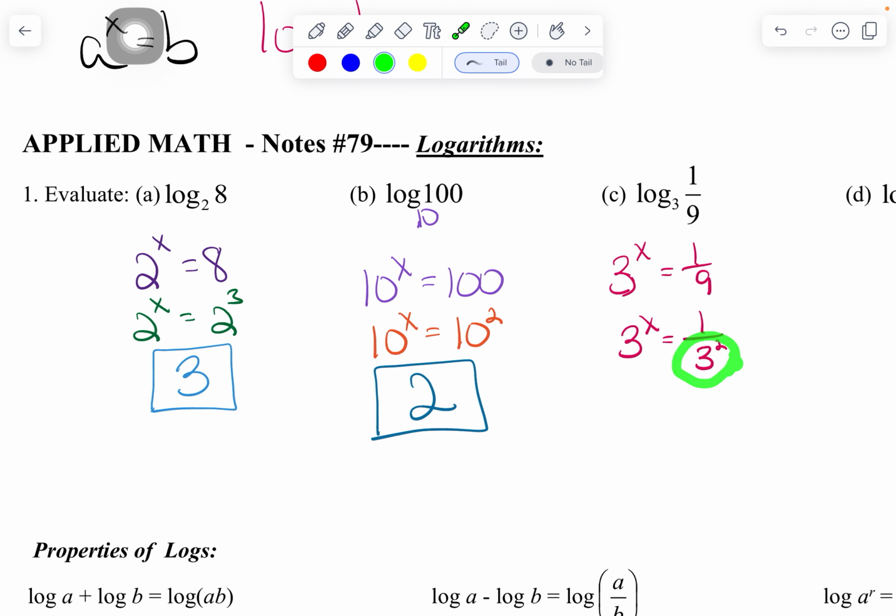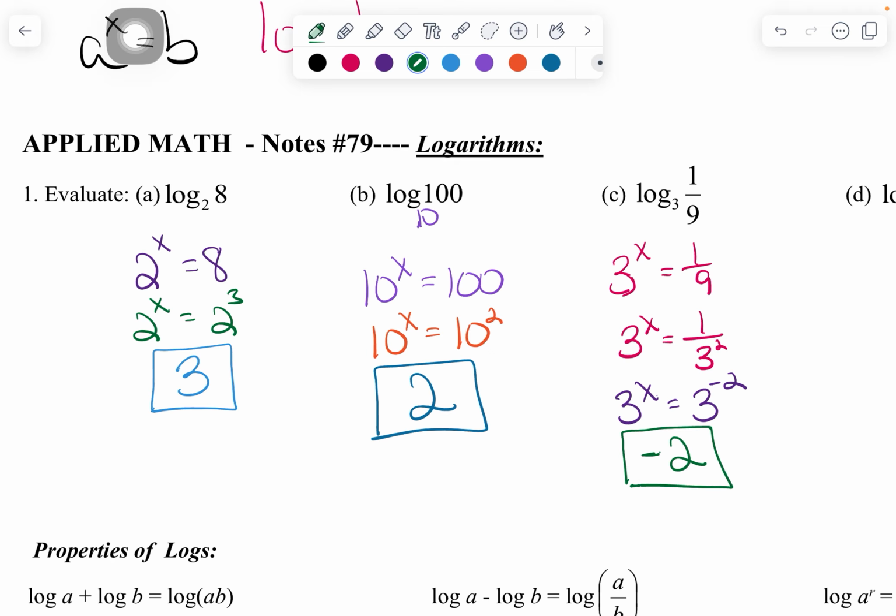So how do I break this 3 squared out of the denominator? Well, that gets into some negative exponents. So this is going to be 3 to the x is equal to 3 to the negative 2. Remember, the negative exponent here does not create a negative number. It is going to create a fractional situation. So that tells us that for this particular problem, log base 3 of 1/9 is going to equal negative 2, because we got the bases to be equal.